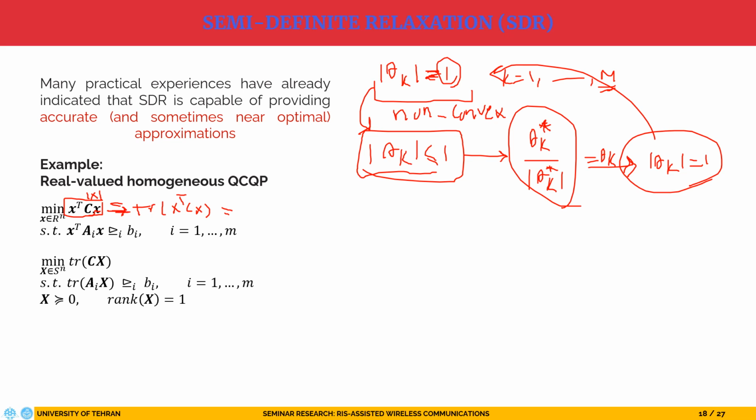So we take this x and x transpose, and we define this as a capital X, times C. Okay, as here.